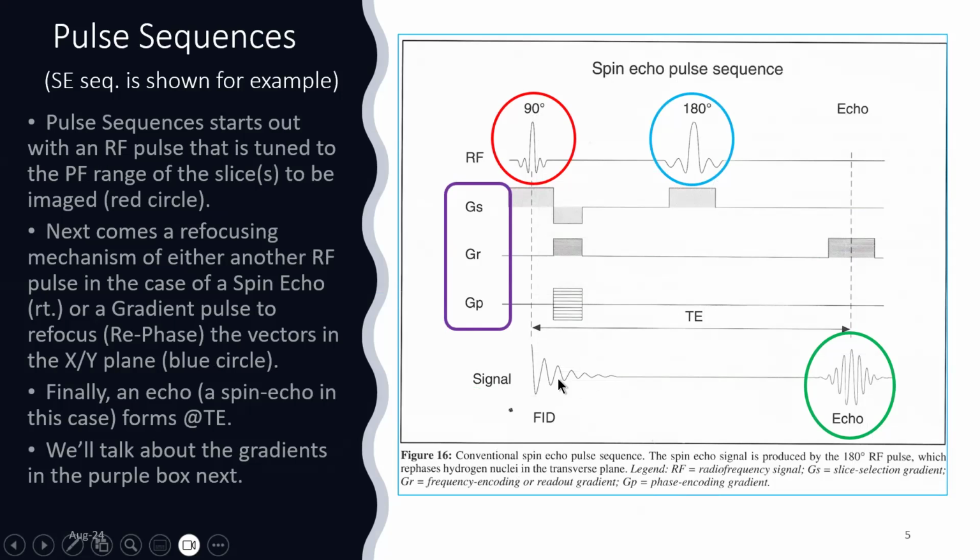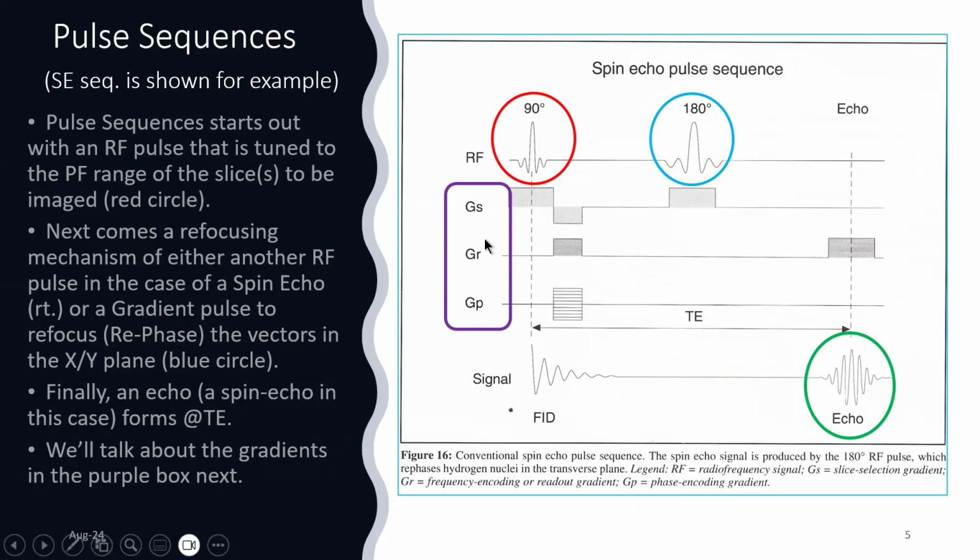But what we can do is we can refocus this and make it come back with either an RF pulse in spin echo land, or we can use a gradient application to make these guys refocus. Okay, so the FID is really half of an echo. So looking at a line diagram, there's always an excitation, and then if there's a 180, it's spin echo.